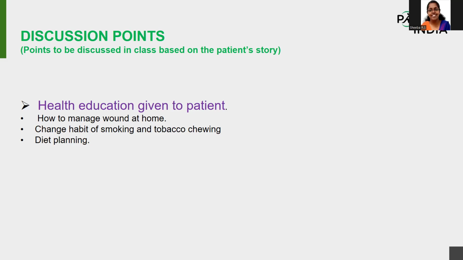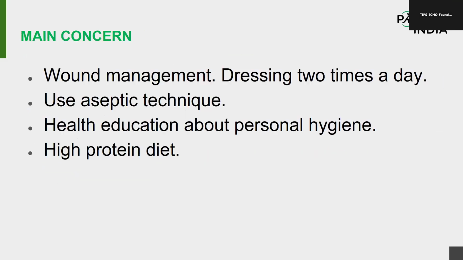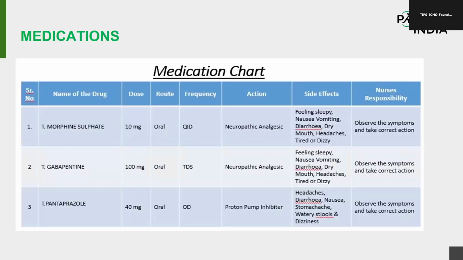Kindly go back, Sangeet, go back to the medication slide. Okay, ma'am. Yeah, thank you. So I would like to hear from the participant side. Is there any modification needed for this medication chart?